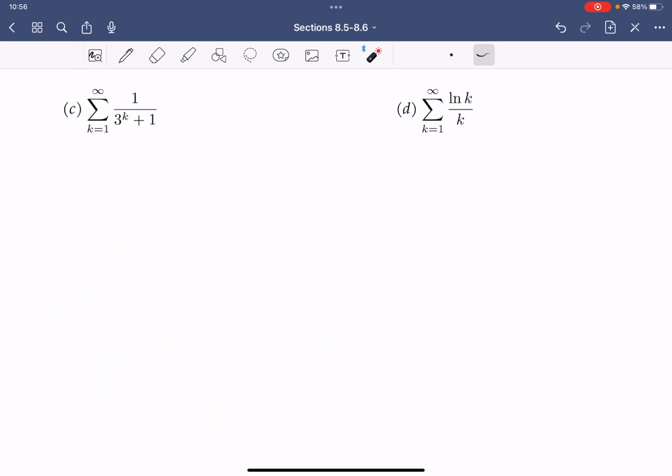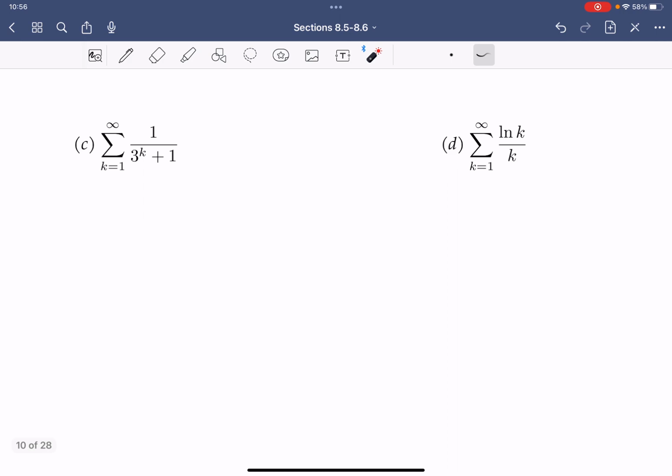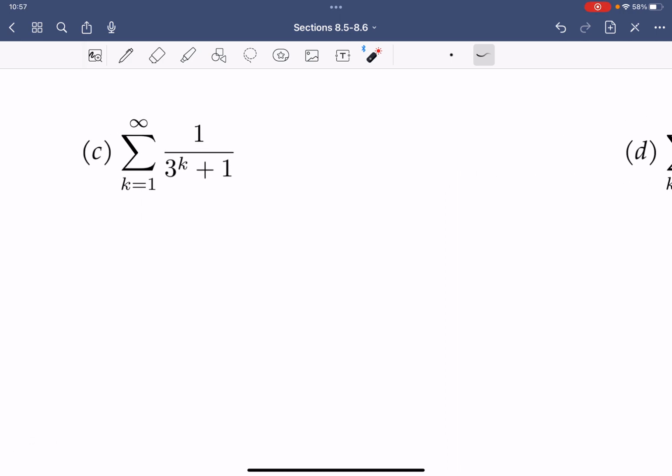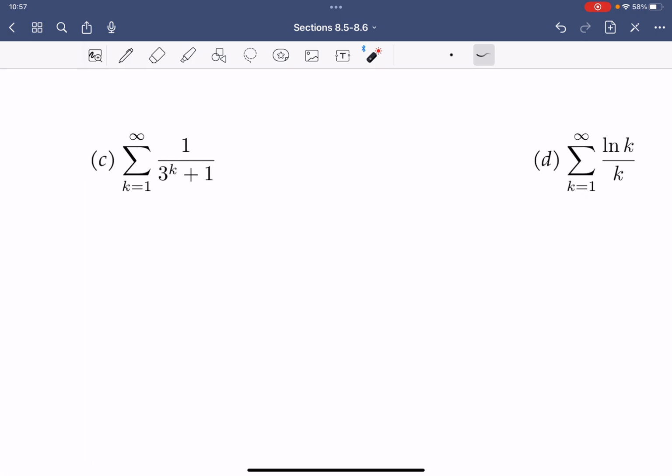So we're gonna do part C here. Let's start with the summation of 1 over 3 to the k plus 1, k from 1 to infinity. How do you do the comparison test here? Of course, this one should be compared with 1 over 3 to the k, because it looks pretty simple that way. So 3 to the k plus 1 is always bigger than 3 to the k, right?